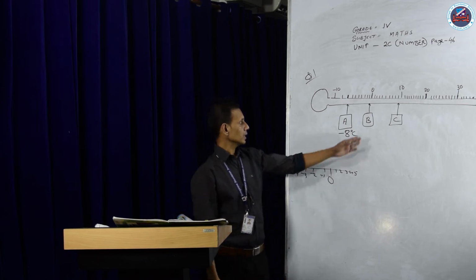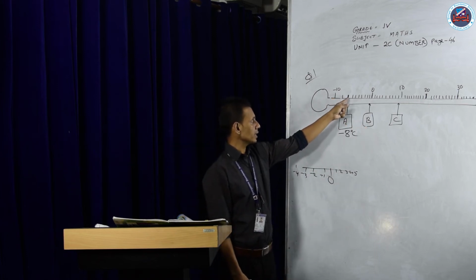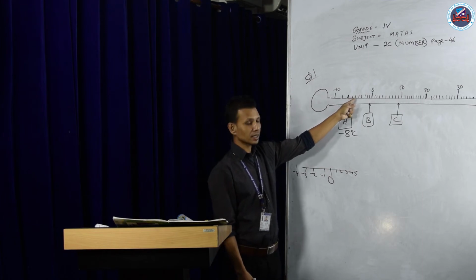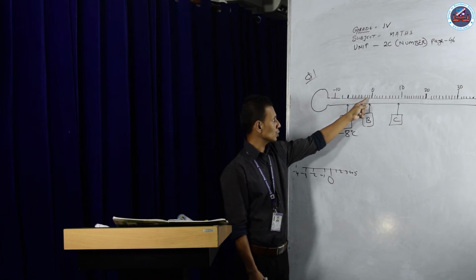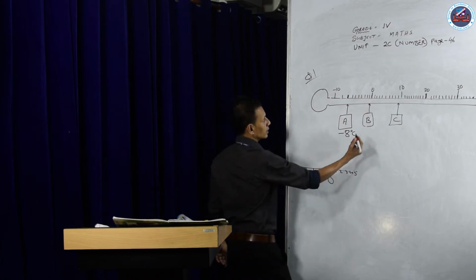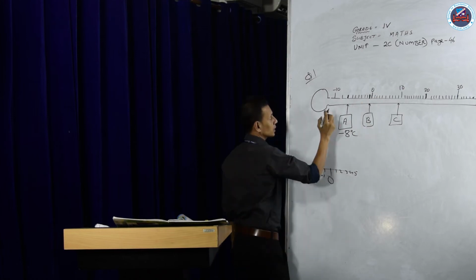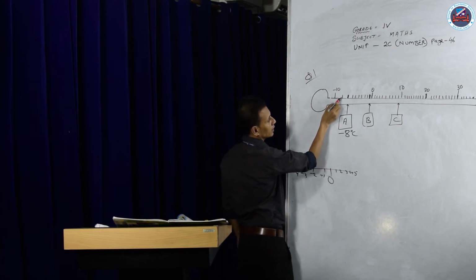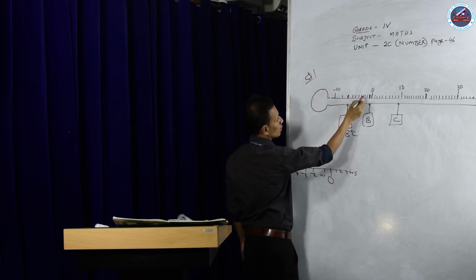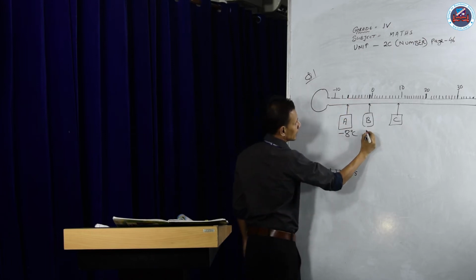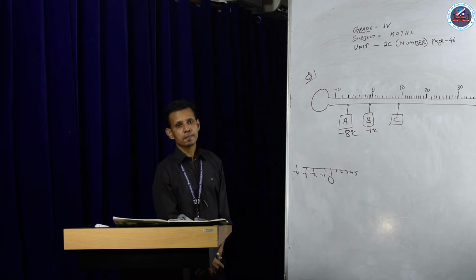Now what I want to do is B. Minus 10, minus 9, minus 8, minus 7, minus 6, minus 5, minus 4, minus 3, minus 2, minus 1. Yeah, it is minus 1 degree Celsius. B is minus 1 degree Celsius.